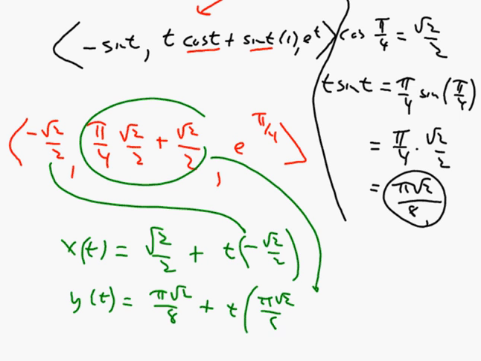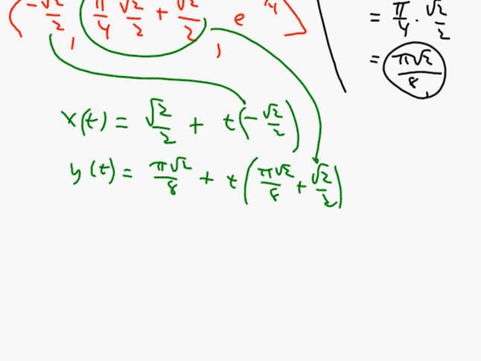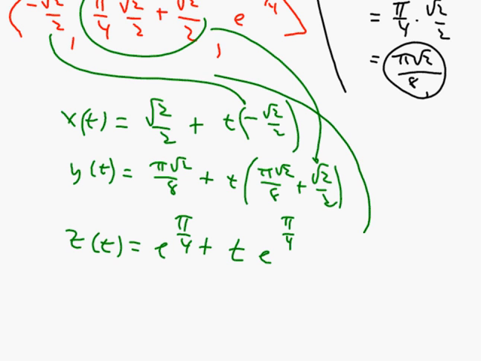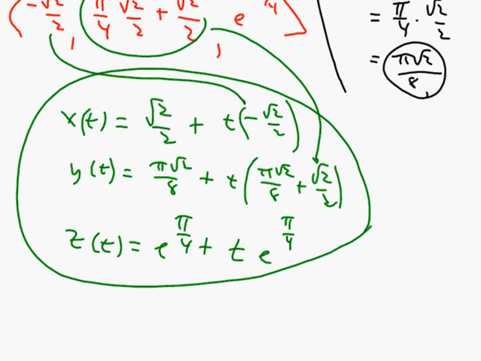So pi rad 2 over 8 plus rad 2 over 2. And then lastly, z of t is equal to e to the pi over 4 plus t times e to the pi over 4. And these three things here, this is your parametric equation of your tangent line.